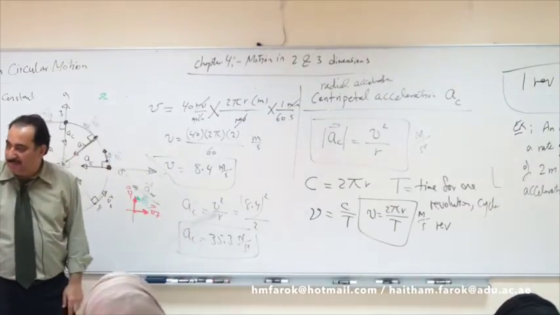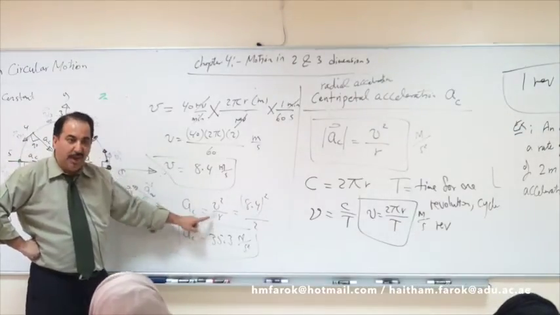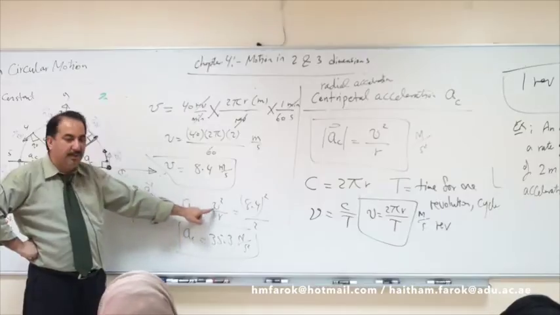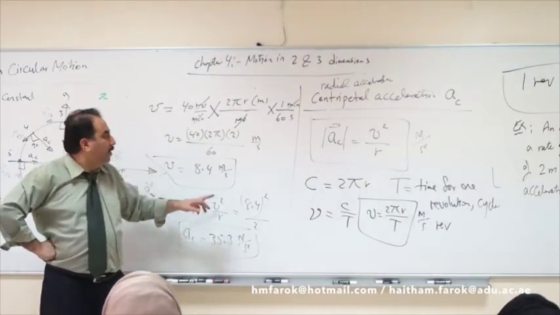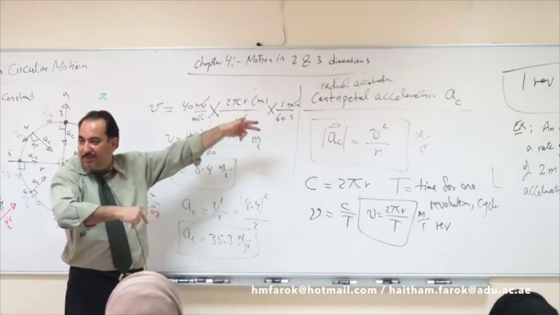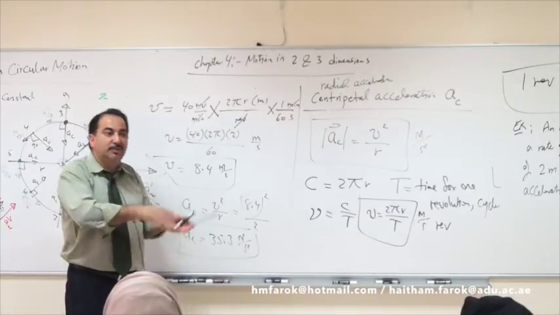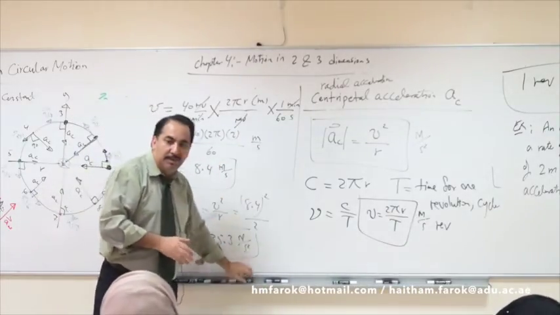What you have to do? You start here. R is known, A is known. What do you calculate? V. But V will be in meter per second. You do this in reverse. Change the conversion, so you change the meters to rev, not rev to meters. Same. Okay? This is the end of it.